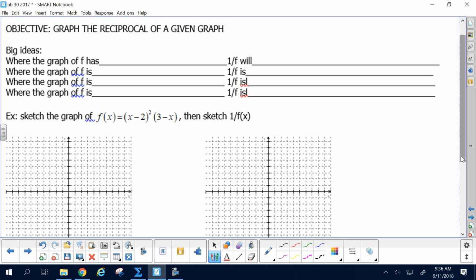Graph f of x on the left real quick on your own. You should be able to do that. Graph that, and then we'll proceed from there. You could go by ones or twos, whichever, or halves, whichever you prefer.